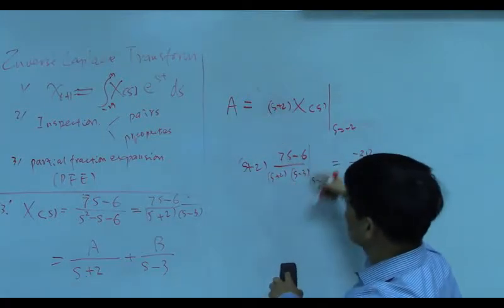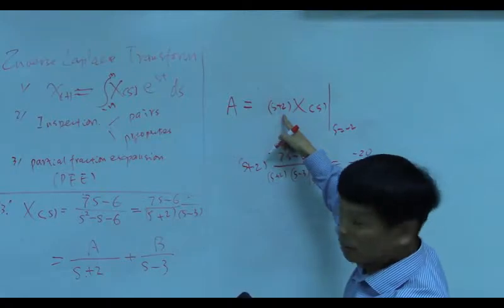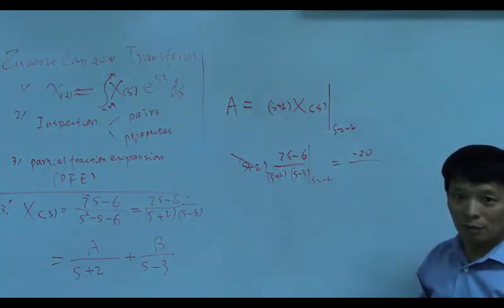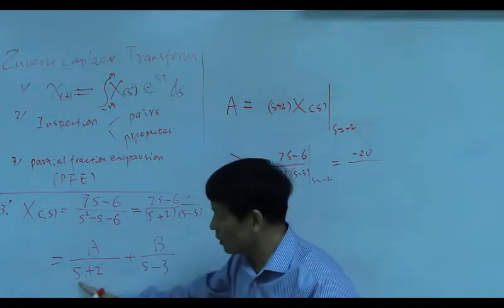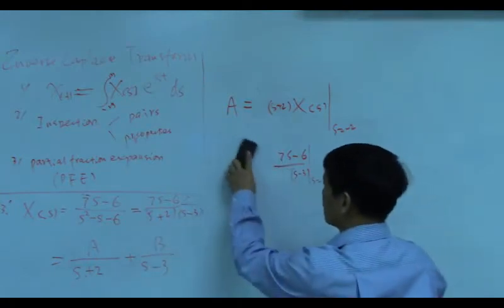But we multiply by this one, so we cancel these two. So the beauty is this part is gone. You don't need to consider it, because we calculate this one, so this one is gone. We don't need this.